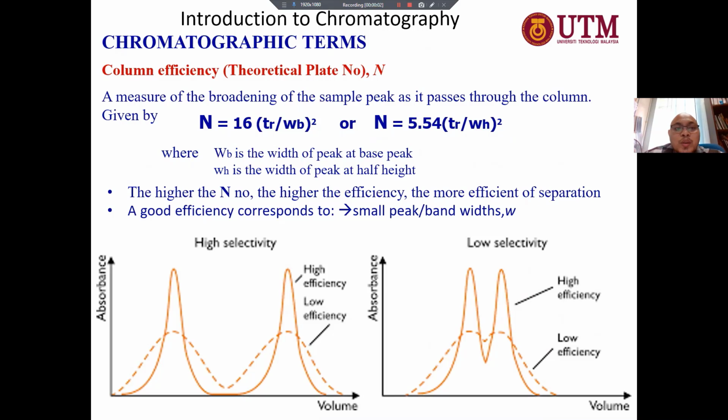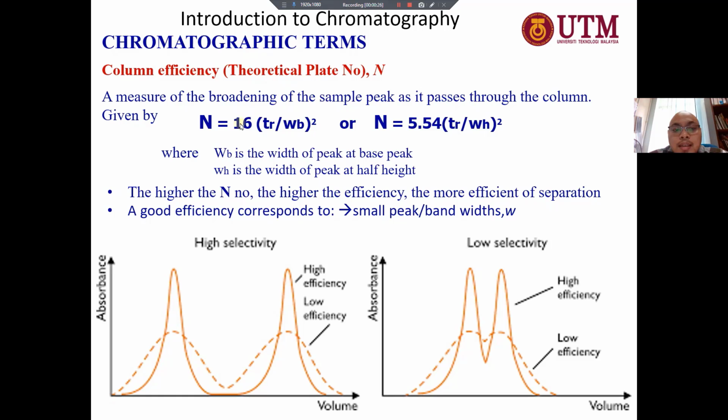The next chromatographic term is the column efficiency, or we can call it the theoretical plate number, N. To determine the theoretical plate number N, we need to use a formula. We have two kinds of formula.